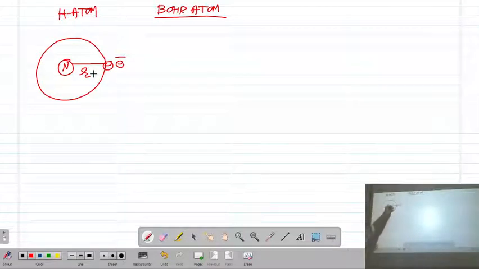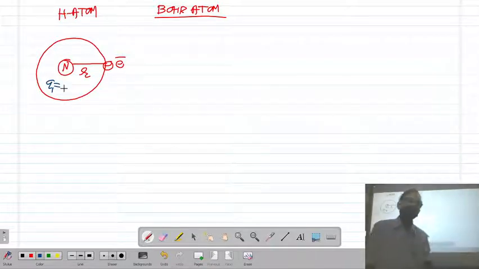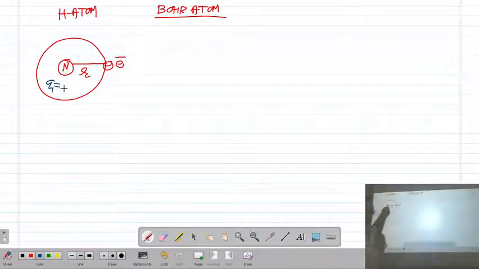The hydrogen nucleus contains a single proton, so the charge of the hydrogen nucleus is plus. The charge of the electron is minus.